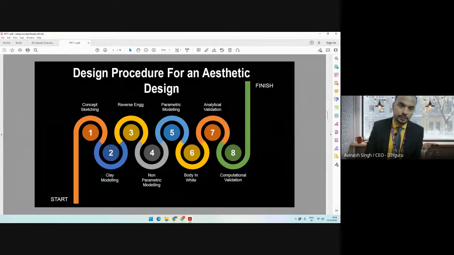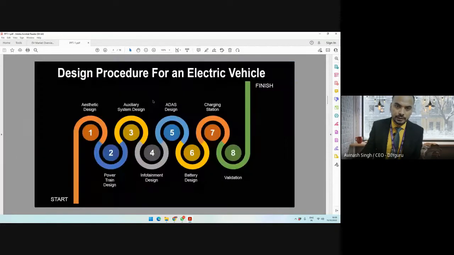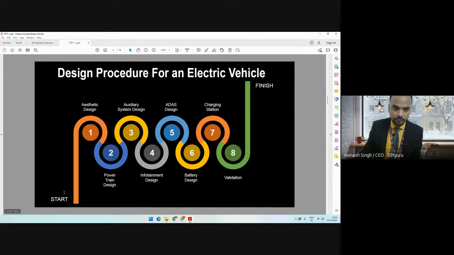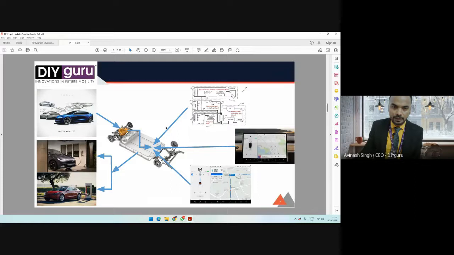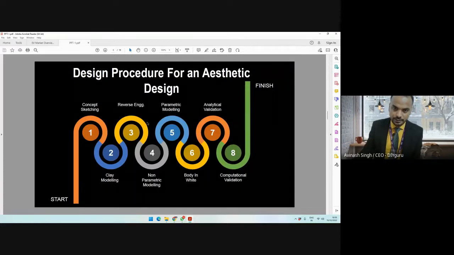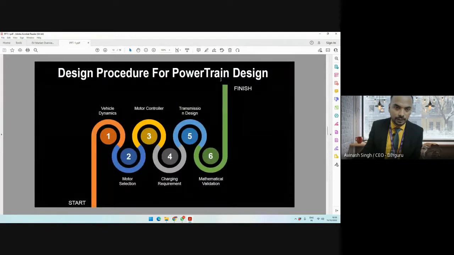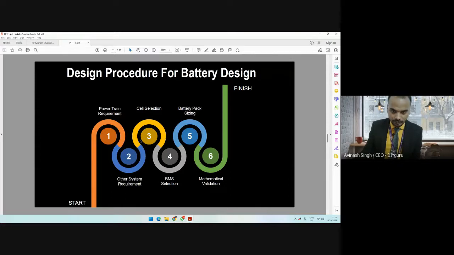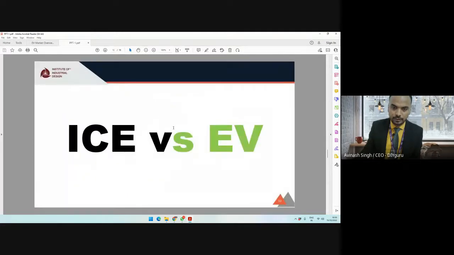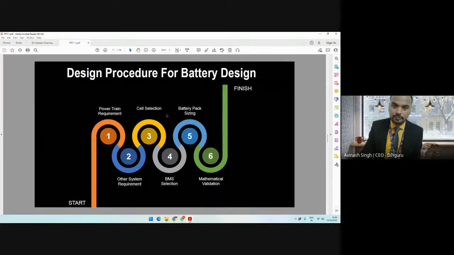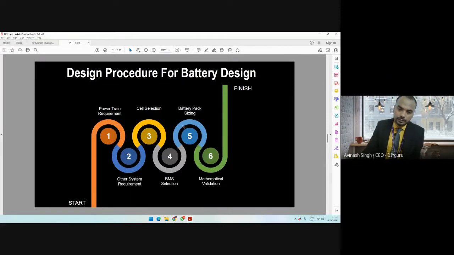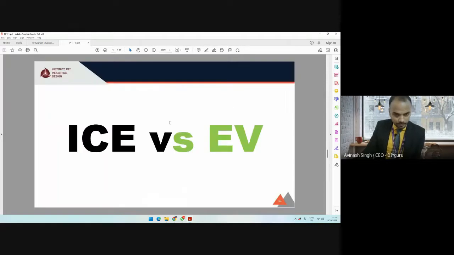Every stage in the design procedure of an electric vehicle, right from the aesthetic to the validation, is further subdivided into different stages. So aesthetic design we have divided, then we have divided the powertrain design into different stages, then comes the battery design. These are the three segments of the wide variety of segmentation that we can do if we are going with the design of an electric vehicle.